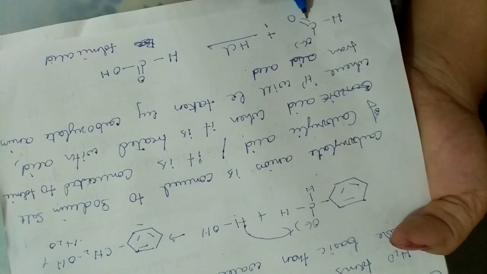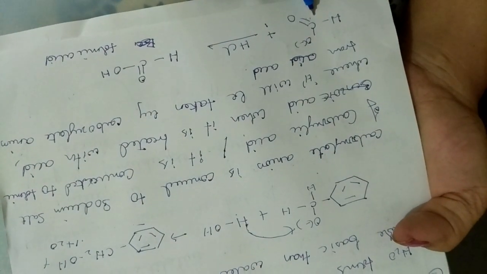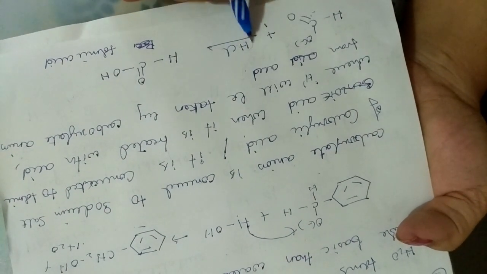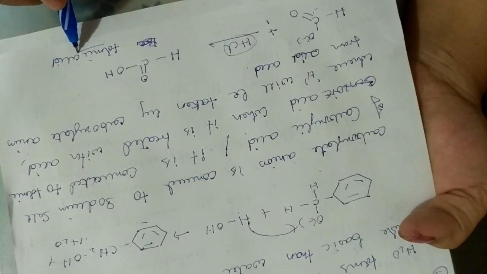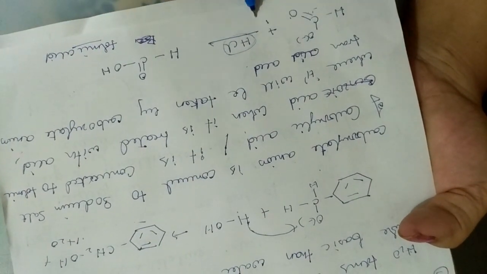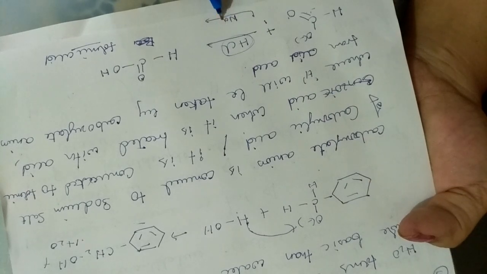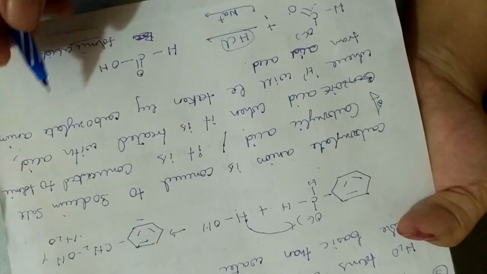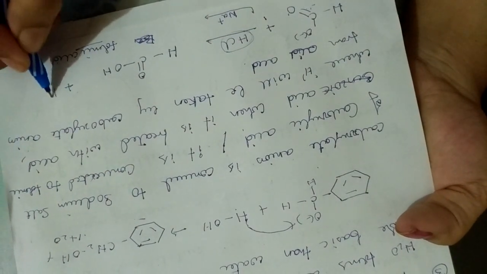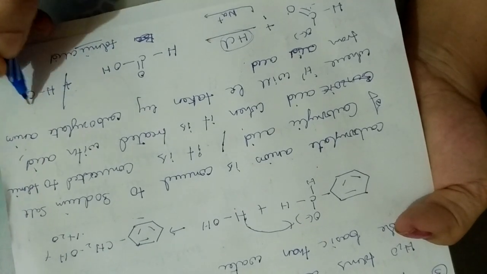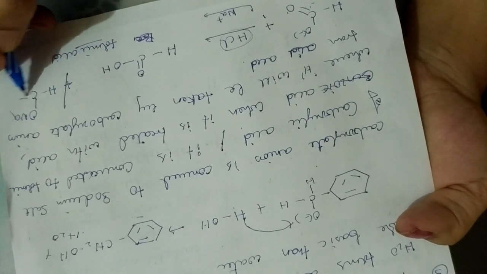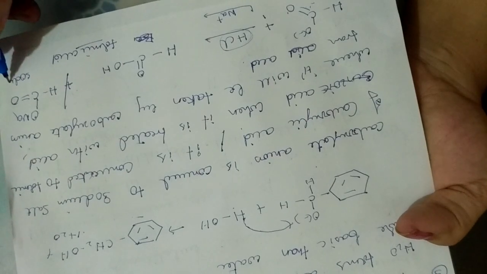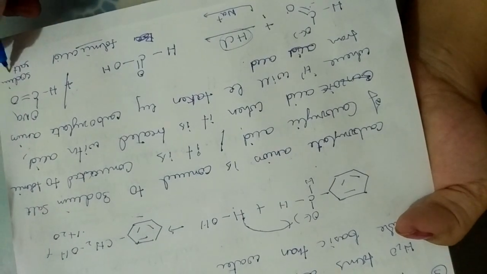In this case I have shown that this carboxylate anion, by reacting with the acid, will be converted into formic acid. If this carboxylate ion reacts with the sodium left from the first reaction, it may form the sodium salt of formic acid. Is it clear?